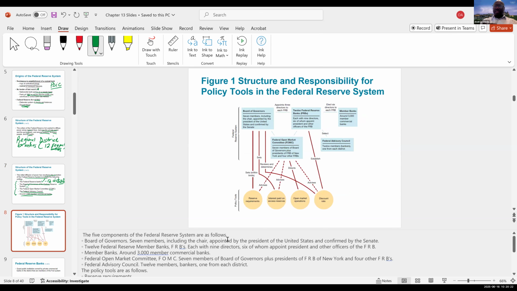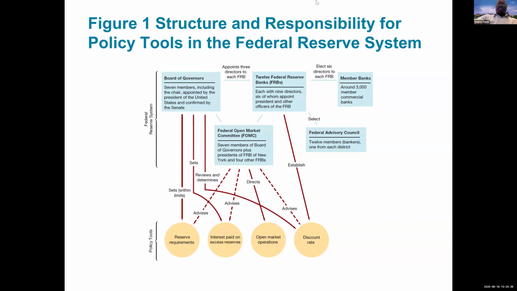Let me open this a little bit, maximize the screen here. So here's the structure of the Federal Reserve and monetary policy tools in the Federal Reserve System. When we teach principles of macro, which is the 2315 class you took before this class, we talked about tools that the Federal Reserve, or the central bank, uses to control money supply and interest rates.